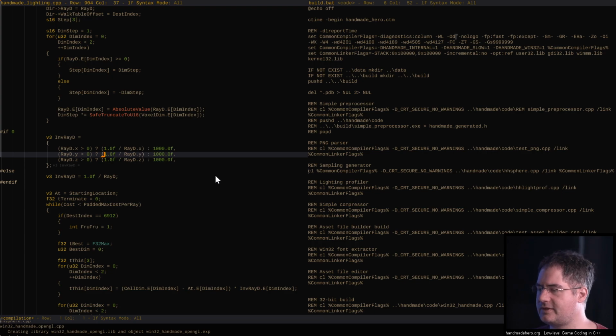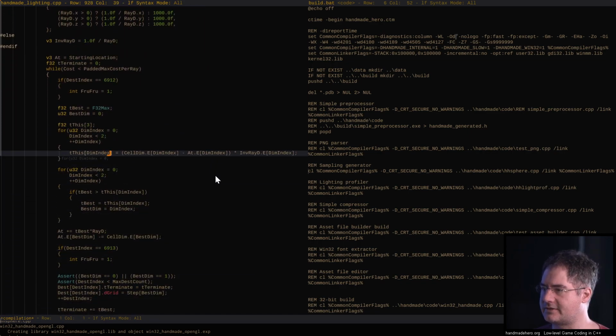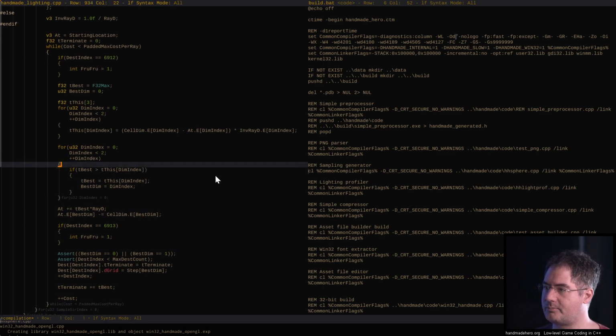Because if all of these are inf, because they're all 0, nobody will be picked. It will be forced to pick one effectively. It's not random, it's predictable. It will pick the first one, I guess. But that will be inf.